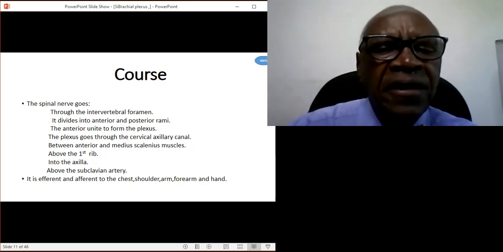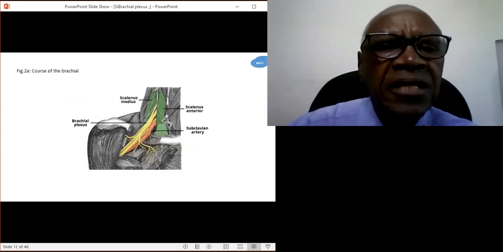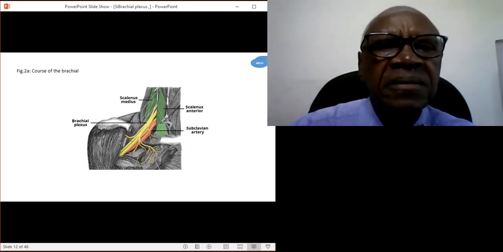It is efferent and afferent to the chest, shoulder, arm, forearm, and hand. Slide 2A shows the course of the brachial plexus.